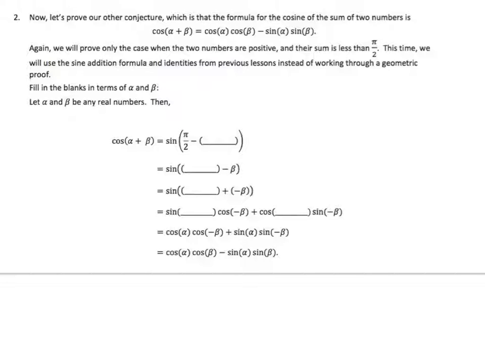So cosine alpha plus beta equals sine of pi over 2 minus alpha plus beta, because cosine and sine are complementary, right? So cosine of alpha plus beta is going to be equal to sine of 90 degrees minus alpha plus beta. Okay, complementary.